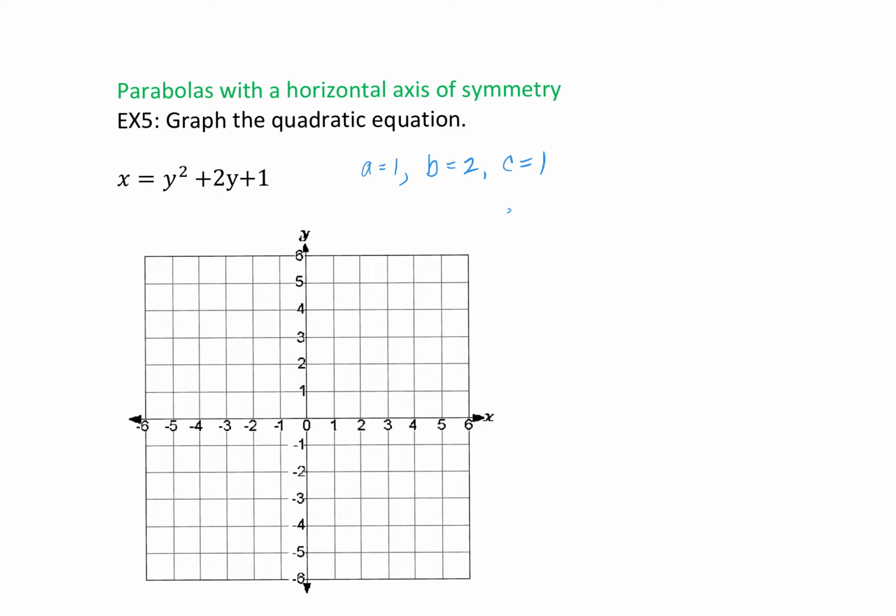You look at your A value. If A is positive, which in our case, A is positive, it is greater than 0 because it's a positive 1. So if A is positive, it's going to open right. So since it opens right, I'm going to have that image in my mind of a parabola that kind of looks like this.